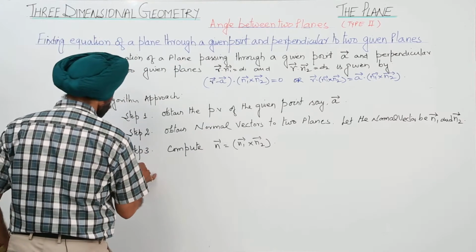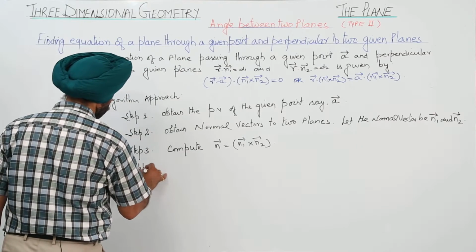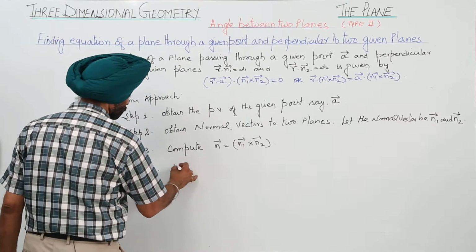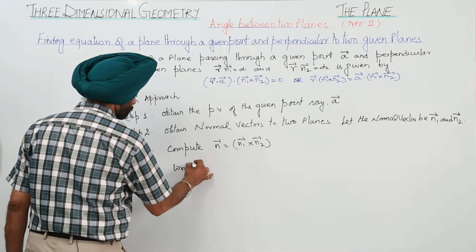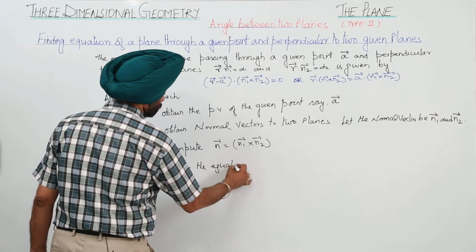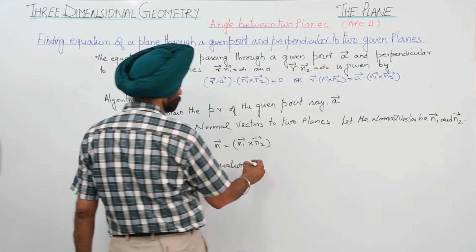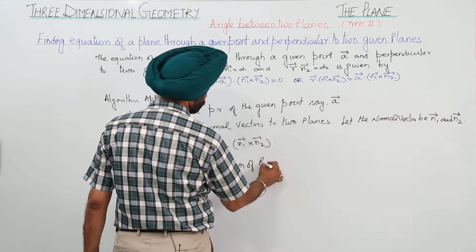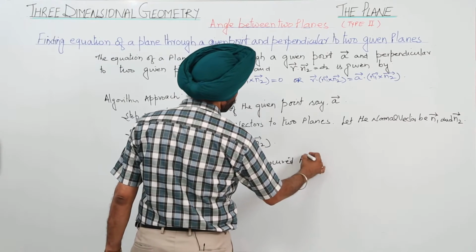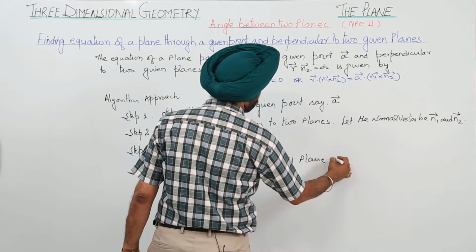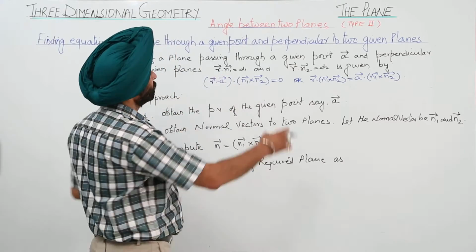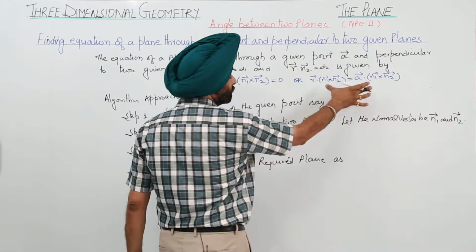And step 4 is write the equation of the required plane as, now the equation can be written as either this one or this one.